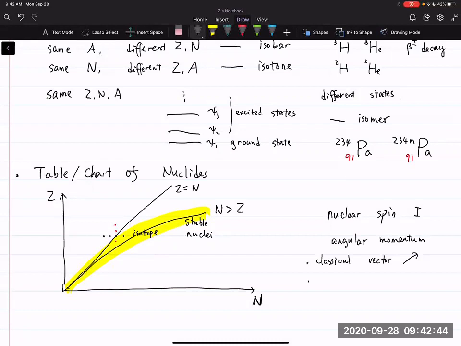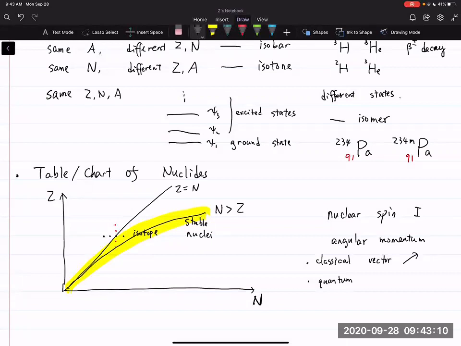But in quantum mechanics, this is not the case anymore. It's not a vector anymore. And we are going to cover that in the next semester. So in quantum mechanics, these three components are three quantities. You can call them Lx, Ly, and Lz. It's not guaranteed that we can know all three quantities at the same time.